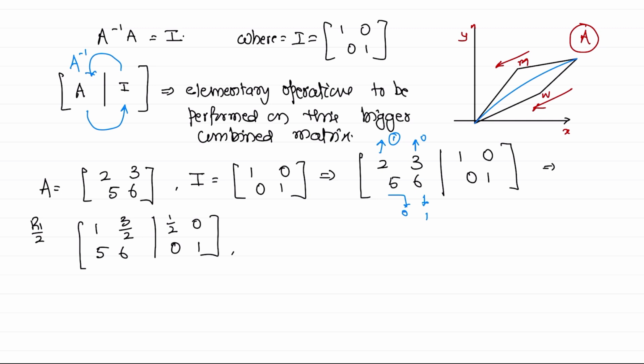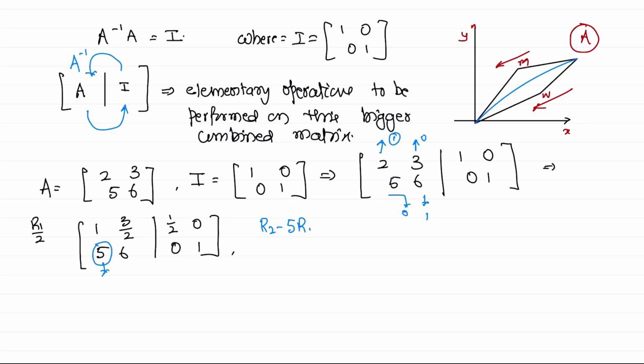In the second step, what we have to do? Previously in the example, we made the second row first element 0. Here the second row first element is 5, and to make it 0, the next operation is R2 minus 5R1.